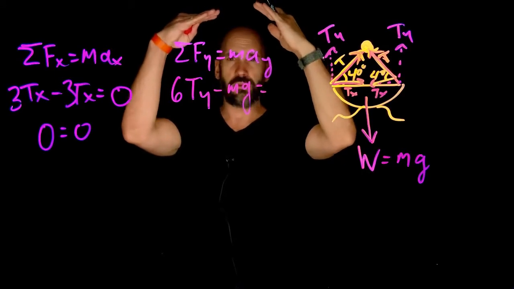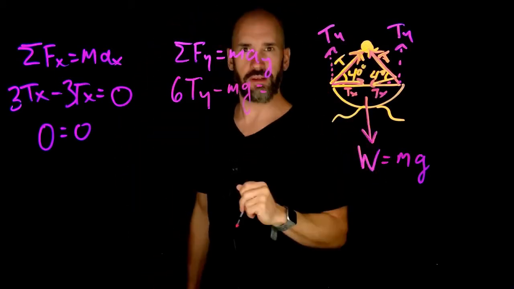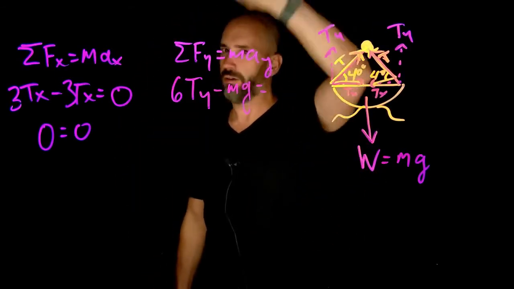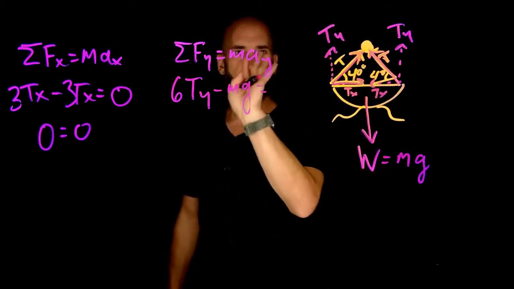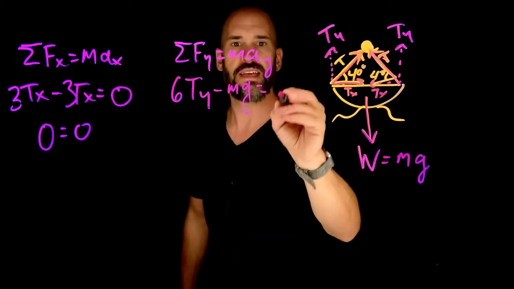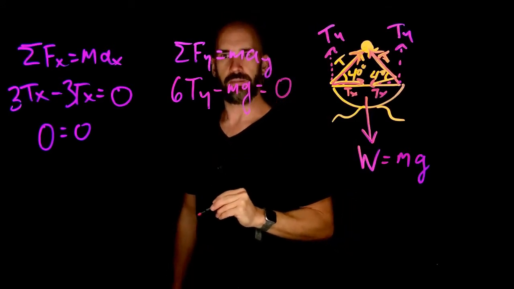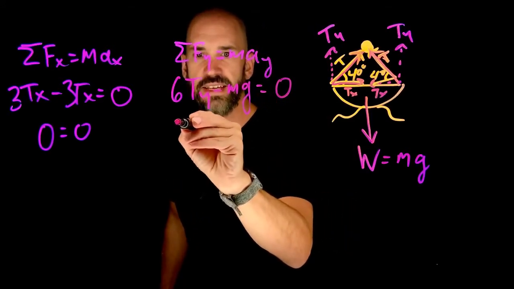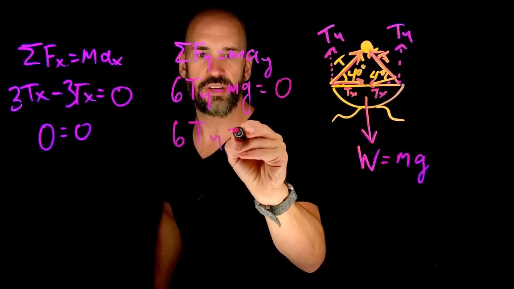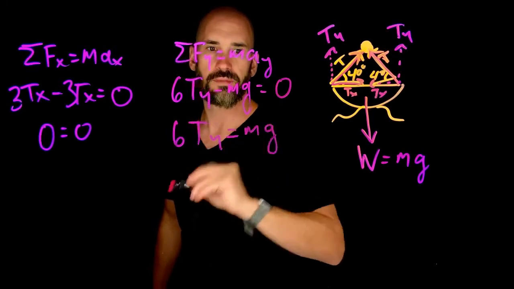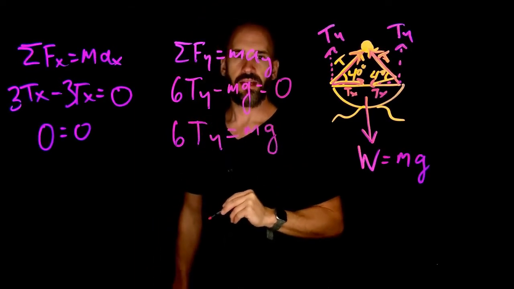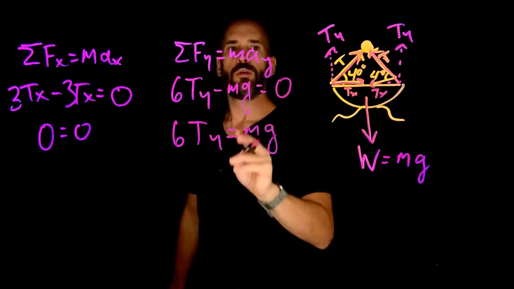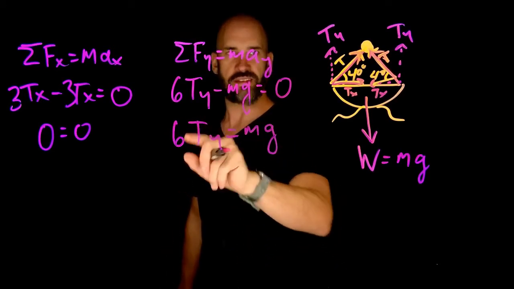Hey, he's just minding his own business, hanging there from this little twig. Is he shooting up in the air? No. Is he falling down? No. He's just hovering here on his little twig. That must be 0, which means that 6Ty is just equal to mg. True story? Okay.